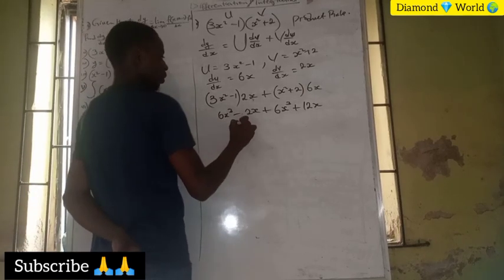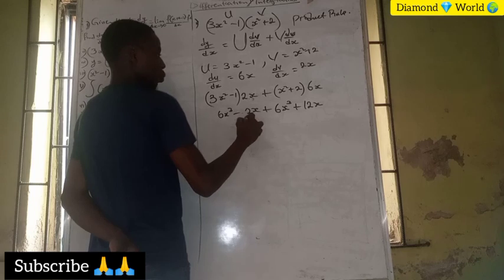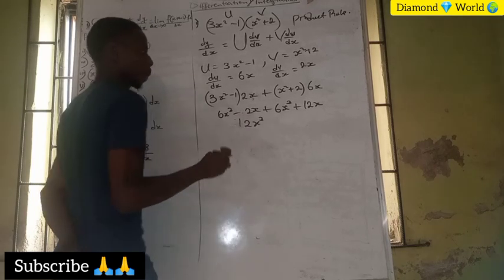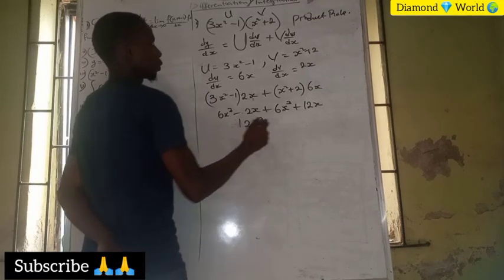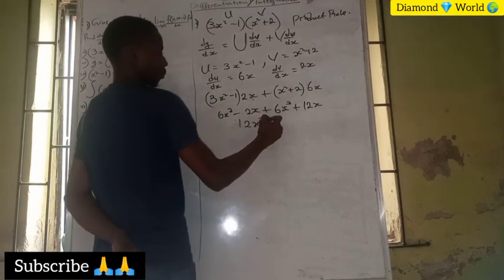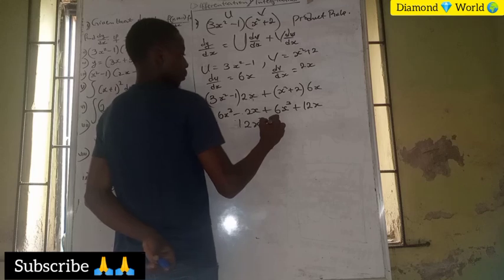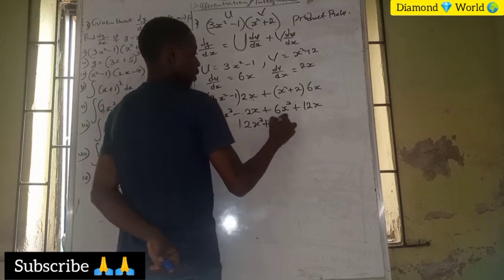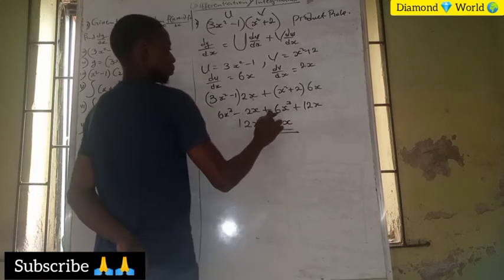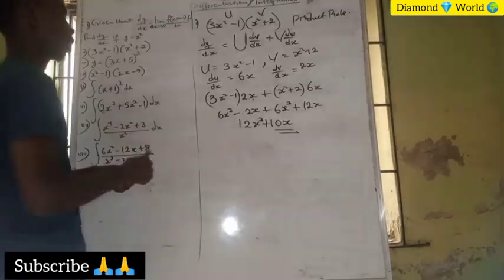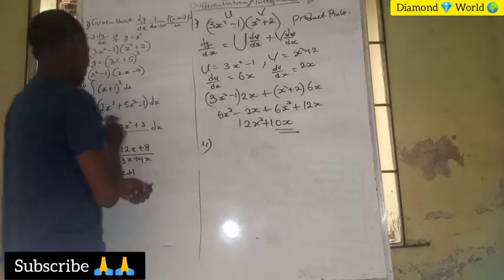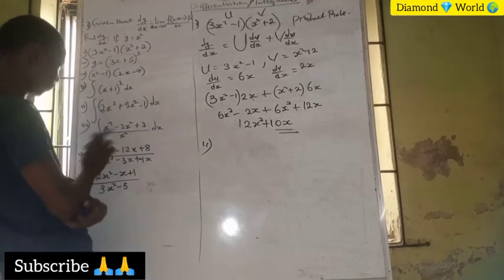You have 6x cubed plus 6x cubed, giving us 12x cubed. This plus this will give us plus 10x. Can you see? Now let's look at the other one we have again.